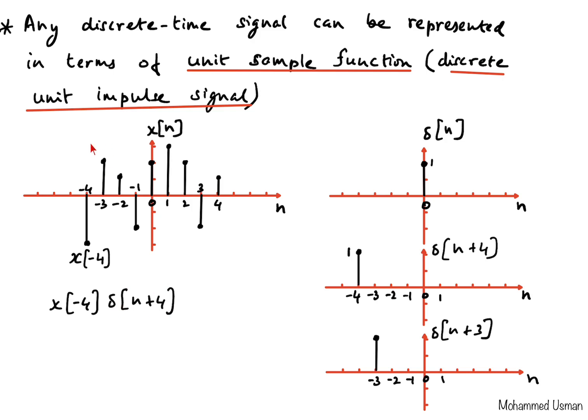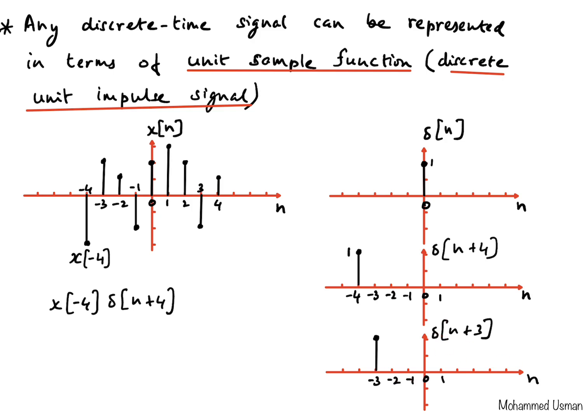Similarly, we can represent this x of -3 by multiplying it with delta of n plus 3. So when n equals -3, we get x of -3 multiplied with delta of n plus 3, which is 1 at that value of n. So this value times 1 is equal to the same value, and for all other values of n it is multiplied with 0, because for all other values of n, delta of n plus 3 is 0.